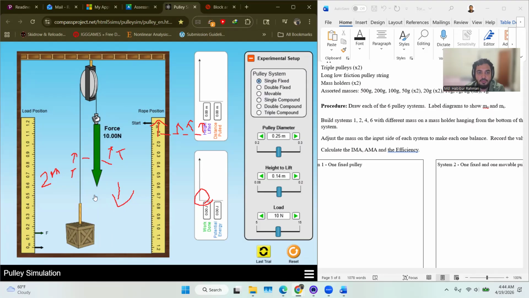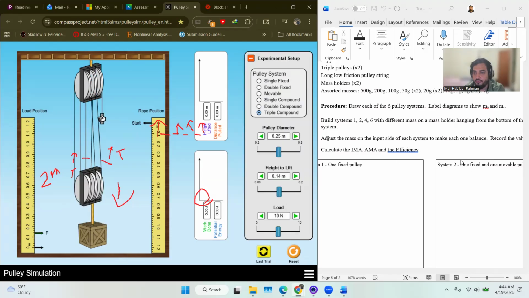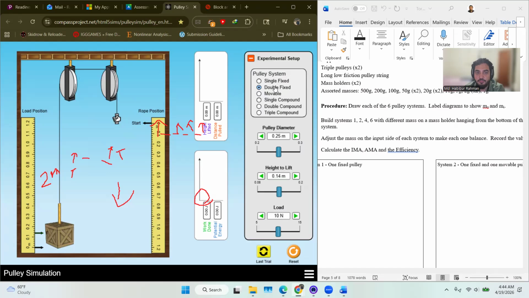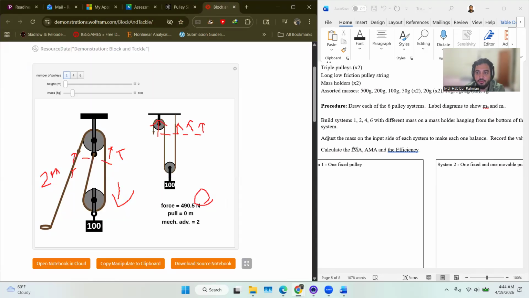In that case, to lift 1 meter, you need 1 meter of rope. The second case is one fixed, one moving. When you are drawing, you draw like this: one fixed, one moving. See, this one is fixed. This one is moving. You can draw this one.